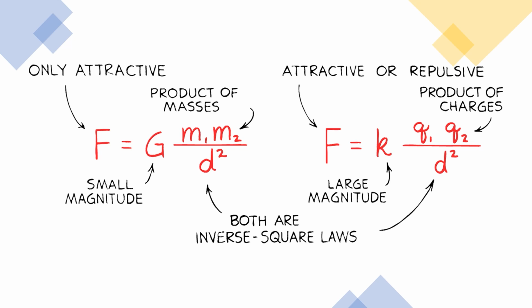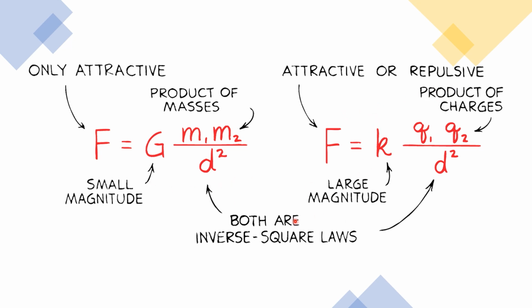Now let us compare the two. Newton's law of gravitation is similar to Coulomb's law for electrical charges. However, the difference is that the constant G is a small magnitude constant, and k is a large magnitude constant. Also, the gravitational force is only attractive, while Coulomb's law can be attractive or repulsive.